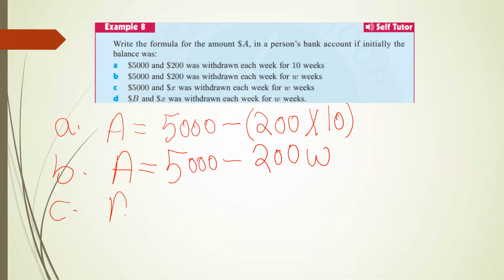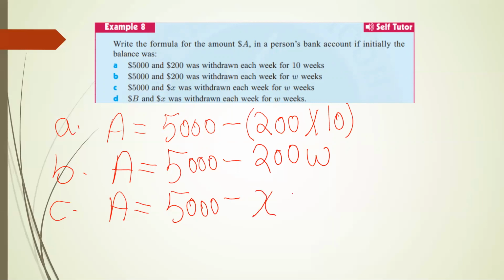C, the total amount in the bank account is 5,000 minus, he did not specify the value of the withdrawn amount. So he just mentioned it's X dollars for W weeks.